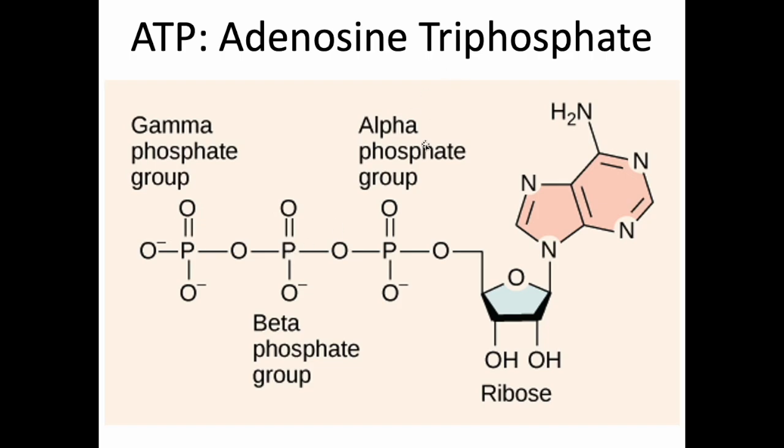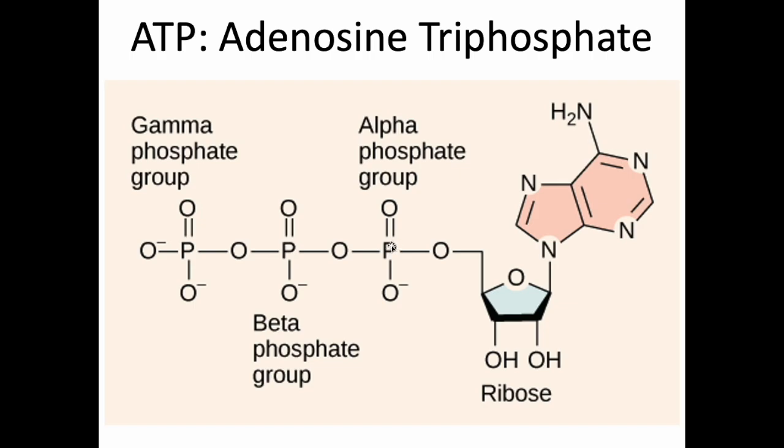Oh yeah, by the way, it's not just one phosphate, it's got 3 phosphate groups, hence the name triphosphate. The chemical bond holding together this phosphate and this phosphate is a really high energy bond. Breaking this bond releases a lot of energy. And there's another one right here, connecting this phosphate to this phosphate.